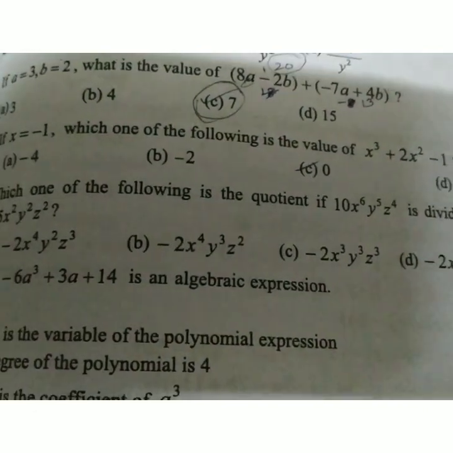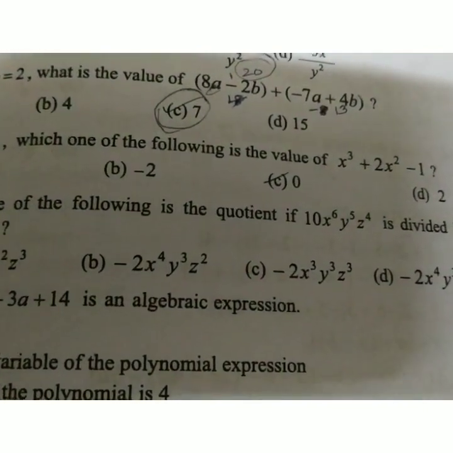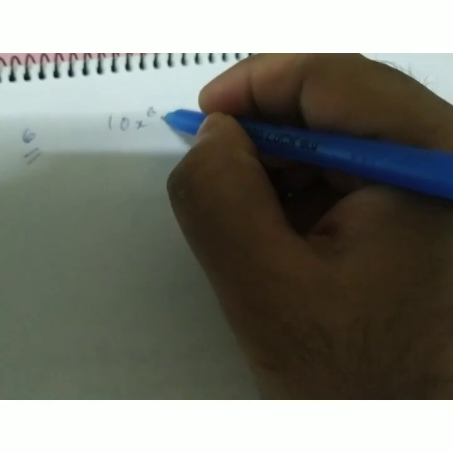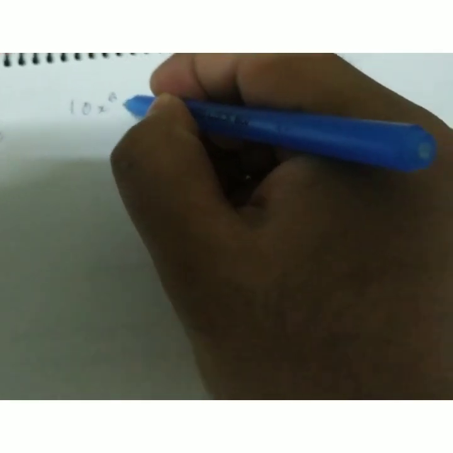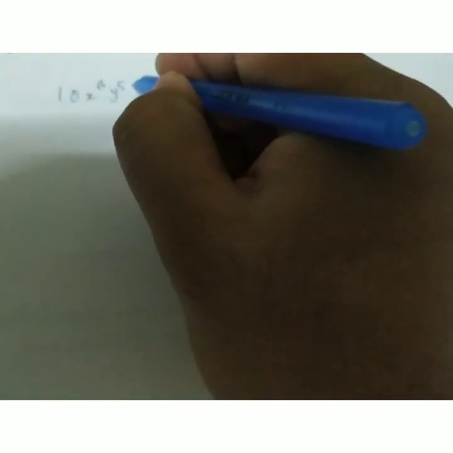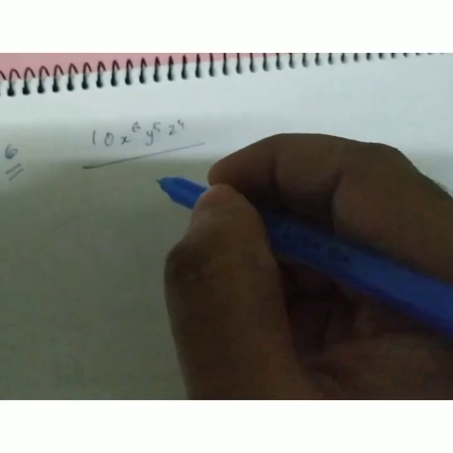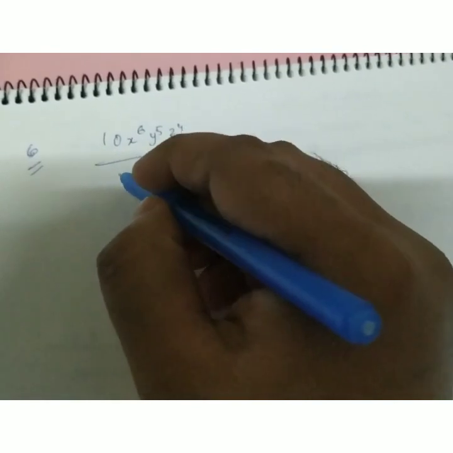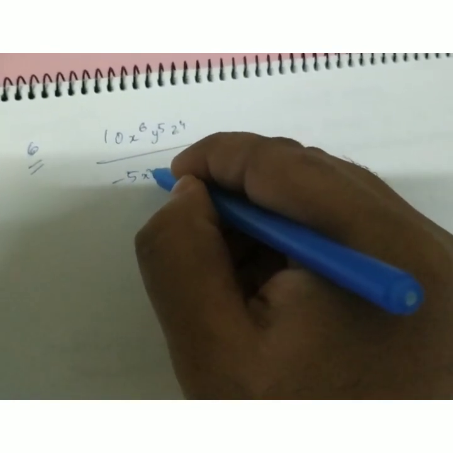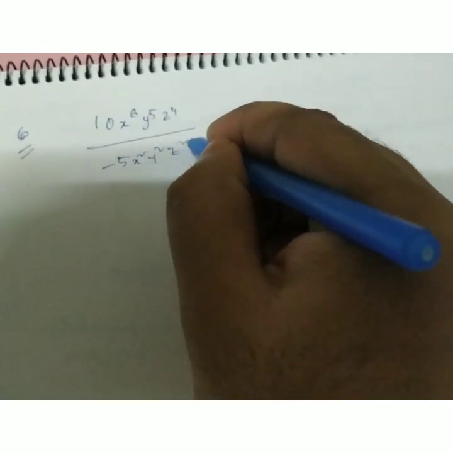So what is the question given? We need to find the quotient. So we just need to divide 10x^6 y^5 z^4 by minus 5x^2 y^2 z^2.